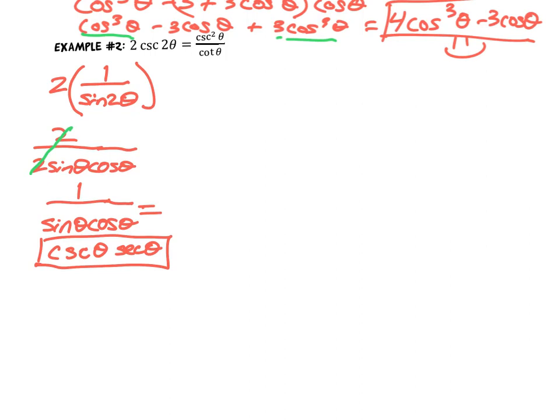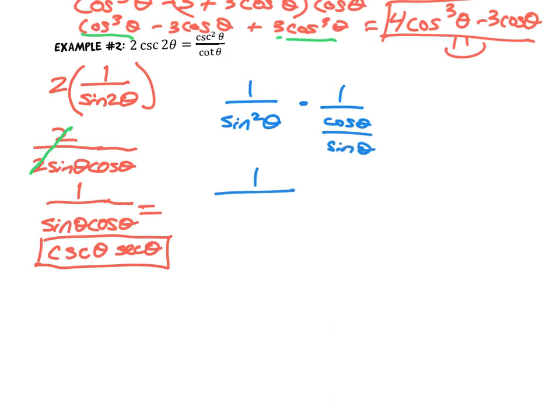All right, so now I'm going to do the right side. So cosecant squared theta is 1 over sine squared theta. All right, and then I'm going to write, and right here it's 1 over, so cotangent, okay, is cosine theta over sine theta.